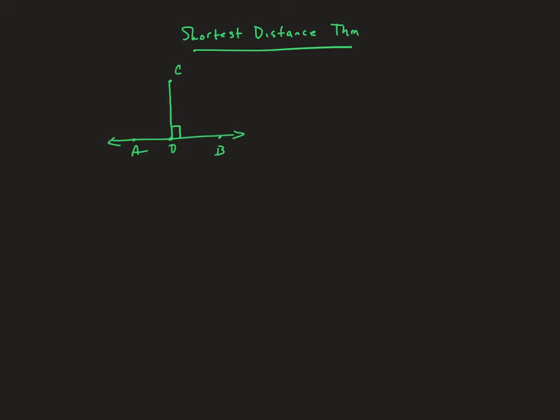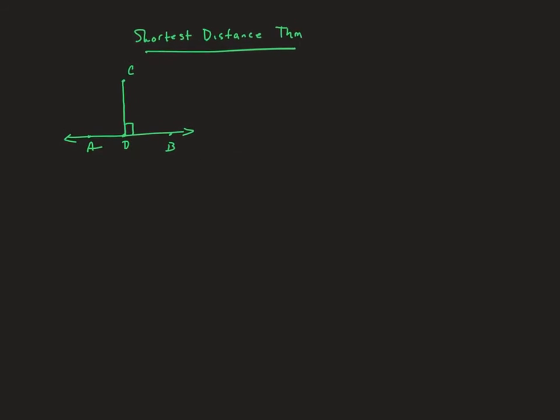Now, when it comes to the parallel postulate, it's similar in a sense that we're talking about a point, and let's change color, and we're talking about a line. Let me go ahead and write that out.